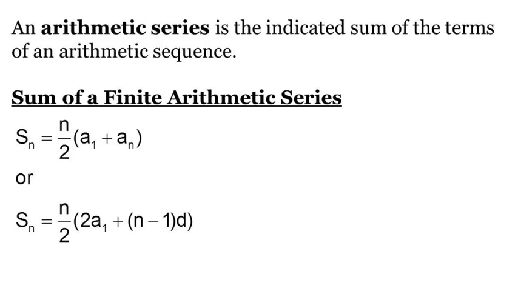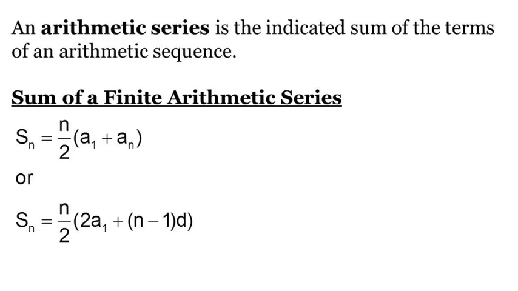So depending on the information that you're given determines which of these formulas you're going to use. So the first one, S sub n equals n over 2 times a1 plus an. So if you know the first term in the sequence and the nth term in the sequence, then you can plug those in and find the sum of that series.